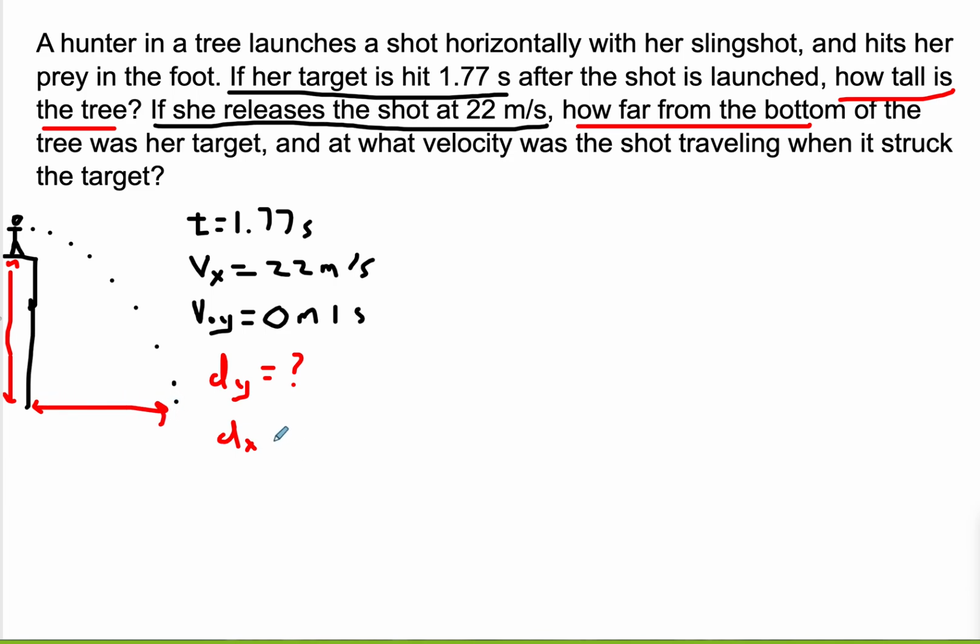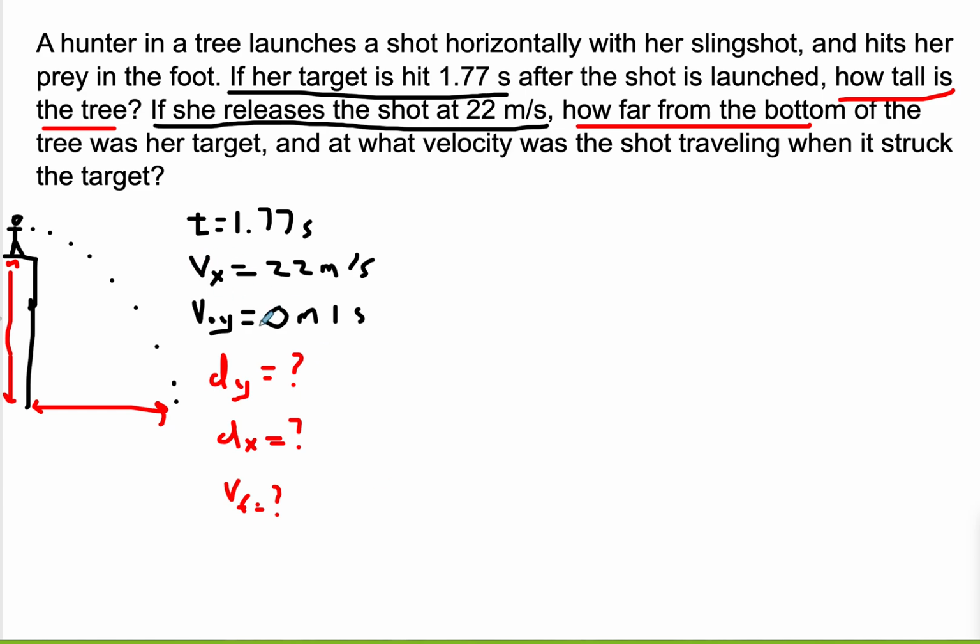That's dx. So we need to find dy, then we need to find dx. And then we have to find out the final velocity, all right? What velocity was the shot traveling when it struck the target? That is going to be the final velocity. And we're going to have to solve for Vx and Vfy and find the hypotenuse for that one.